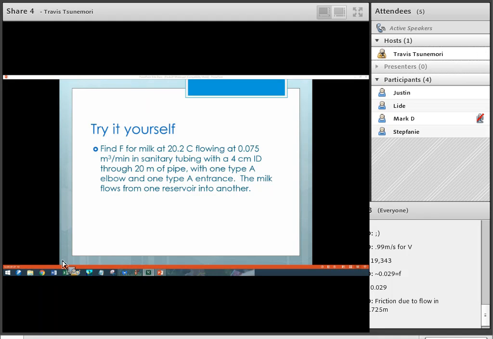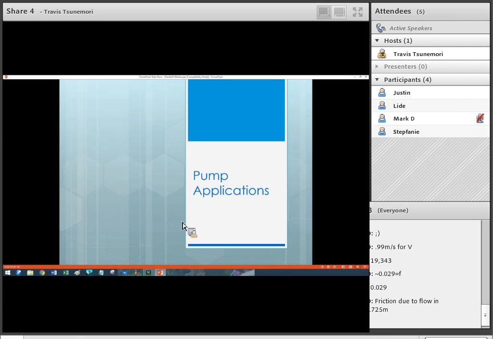Okay, so let's go on. Now, we're doing all these things because we want to be able to size pumps. And next time we'll also do fans, but tonight we're going to look at pumps.